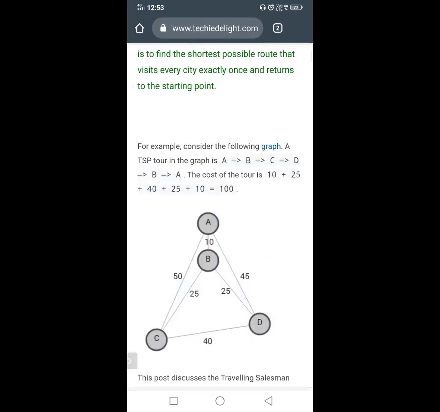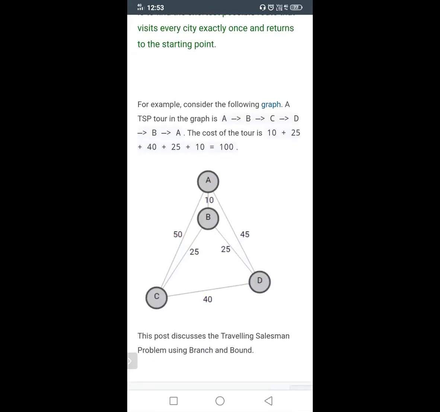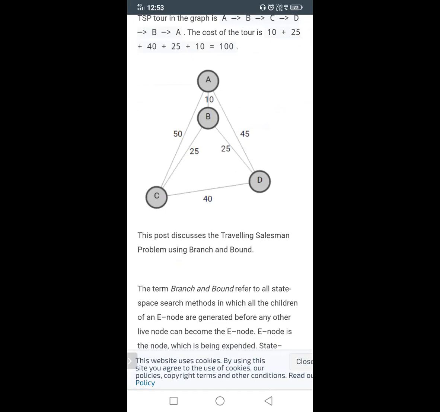You have to visit every city exactly once only. Here he starts from A, then moves to B, then travels to C, then moves to D, then again moves to B. Here he visits B twice, so that is not the way. You have to visit each city only once.